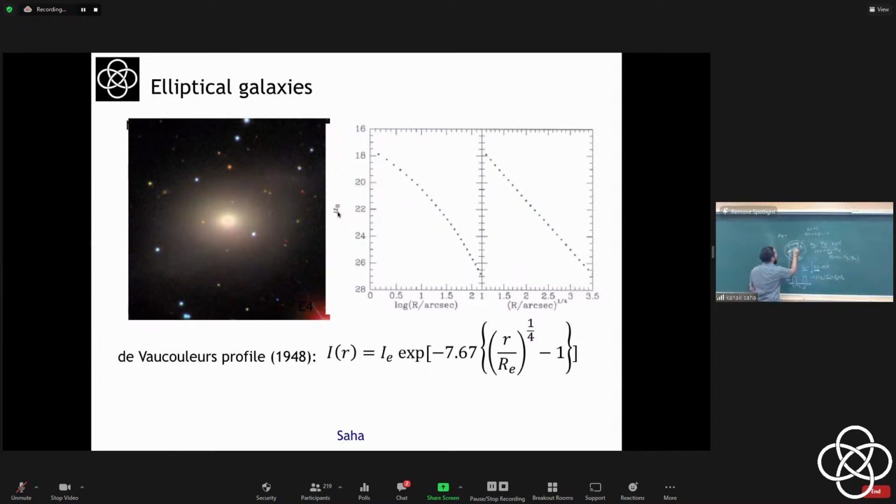What they do here is fit an ellipse, and calculate the total light. You fit another ellipse, and calculate the total light.